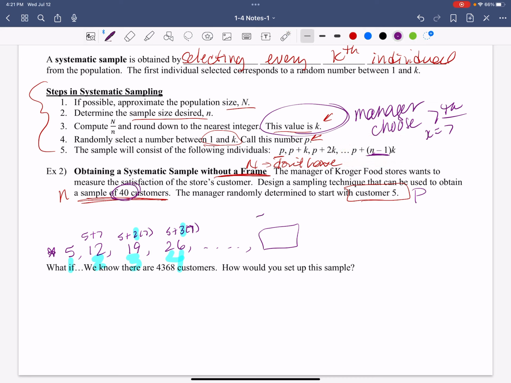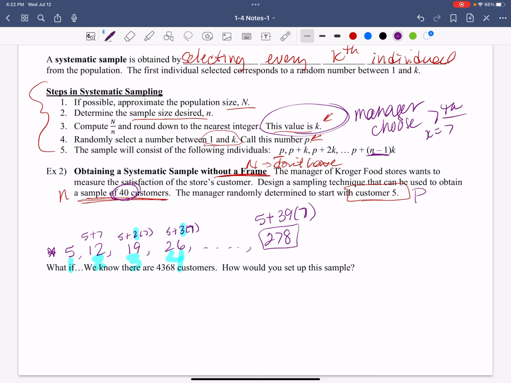So this is going to be 5 plus, because I want the 40th term, I've got 39 times 7. Because I've got 39 groups here, and then this would be my 40th person counting the first one. Does that make sense? So then you get out your handy dandy calculator and you realize that this is customer number 278.